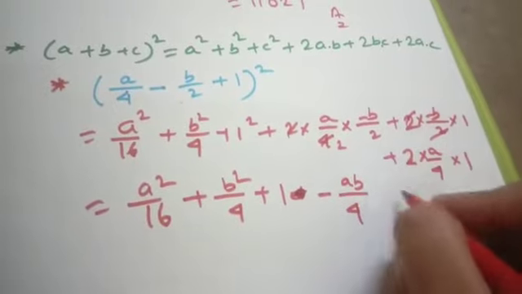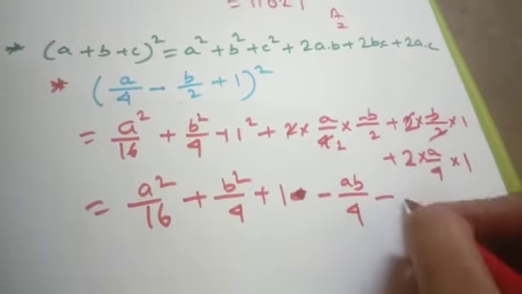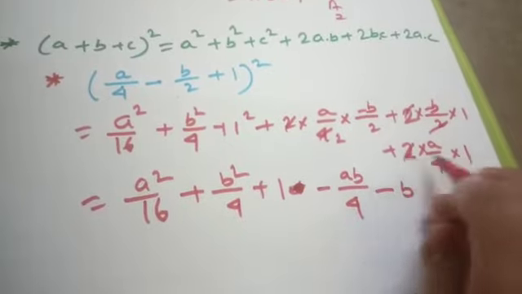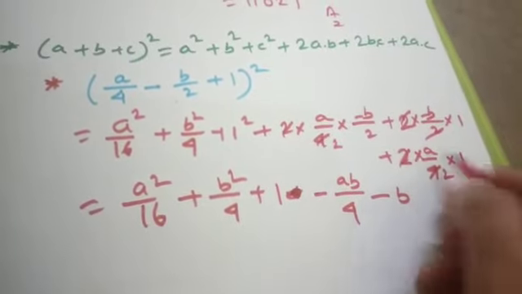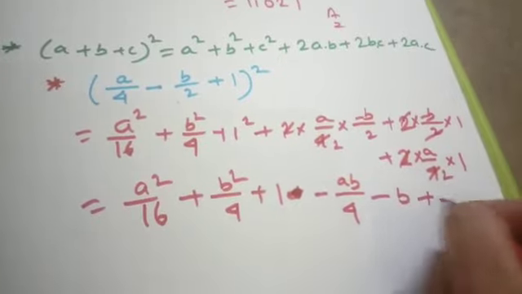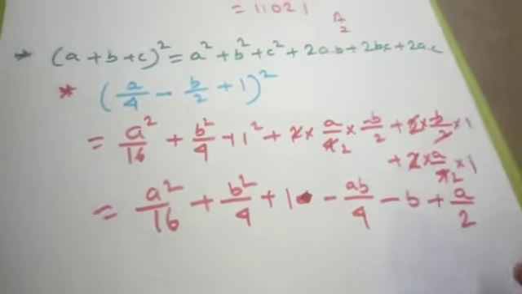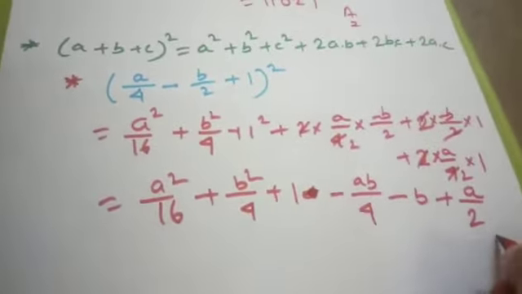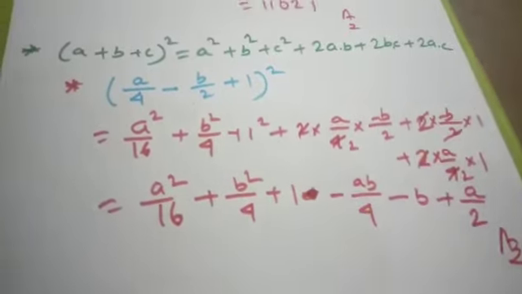Plus into minus is minus, b into 1 is b. 2 twos are 4, a into 1 is a. Plus a into 1, a by 2. And this is the final answer.